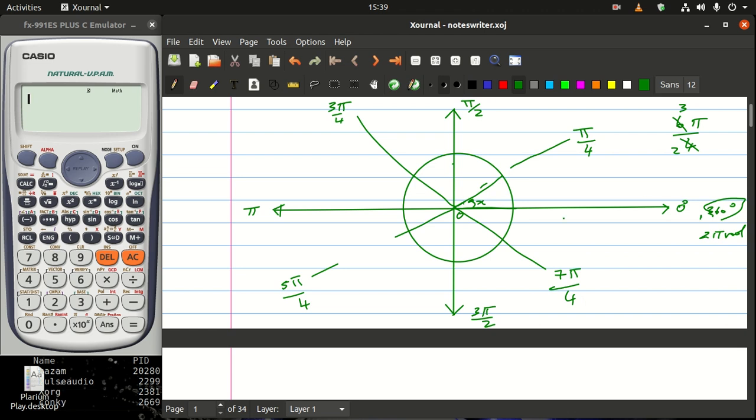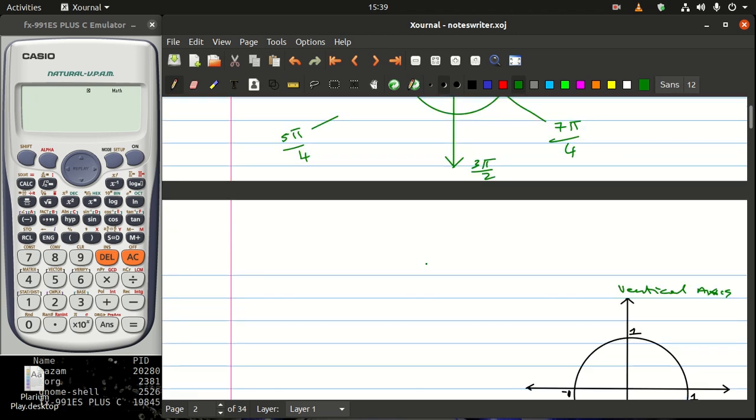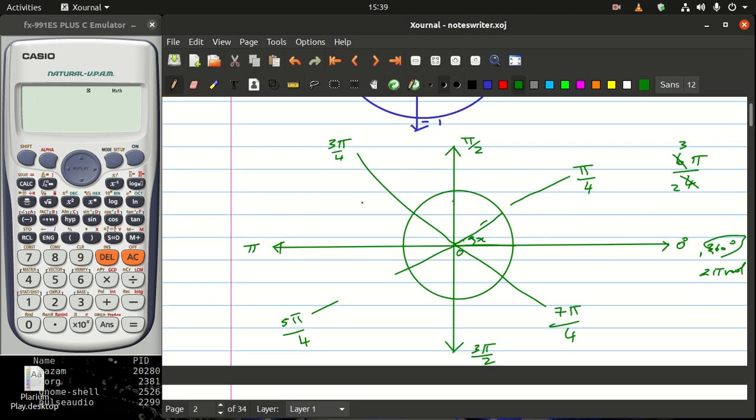So now if we wanted to find these angles, instead of having the degrees, we can use these radians here.